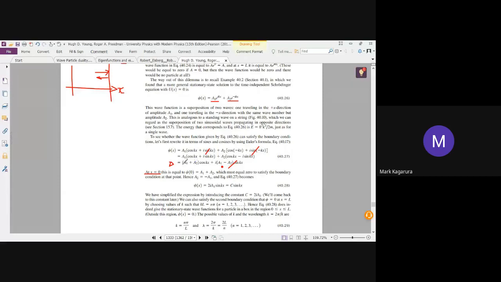And so you have that is going to be equal to 1, cos kx at 0. So you have a1 plus a2 is equal to 0. That means a2 is equal to negative a1. What does that mean? Again, you saw that when this amplitude goes in one direction, the opposite one goes the other way.